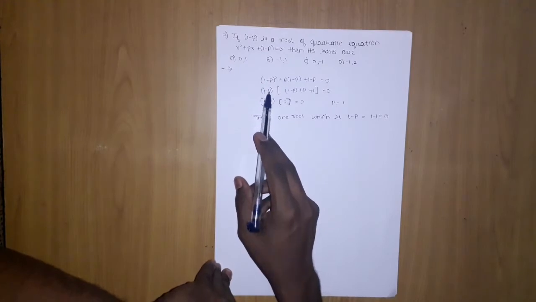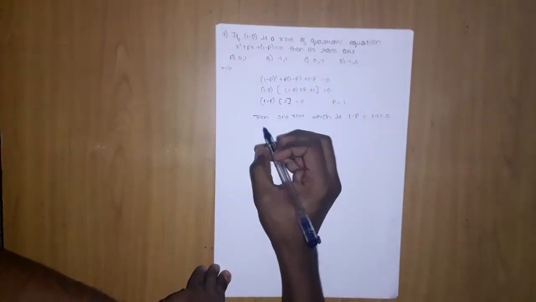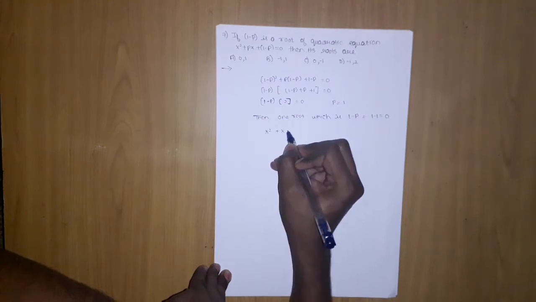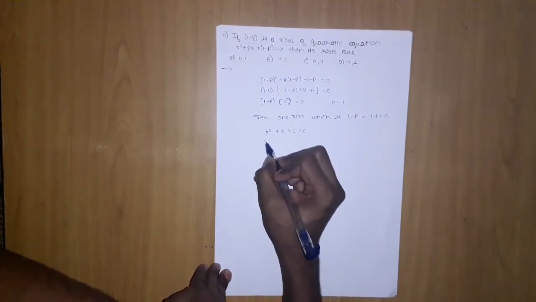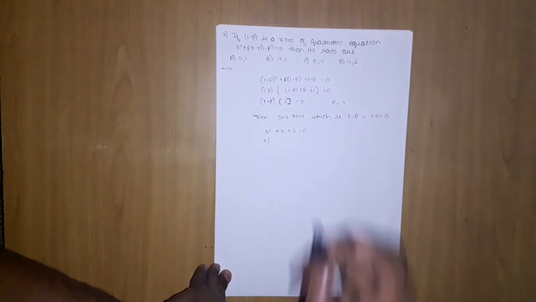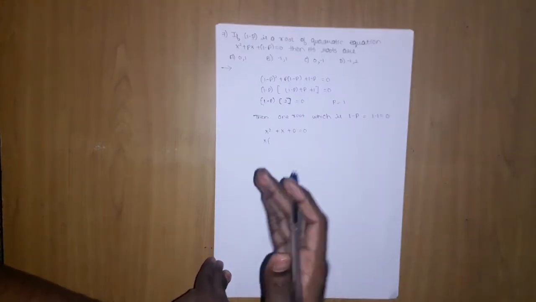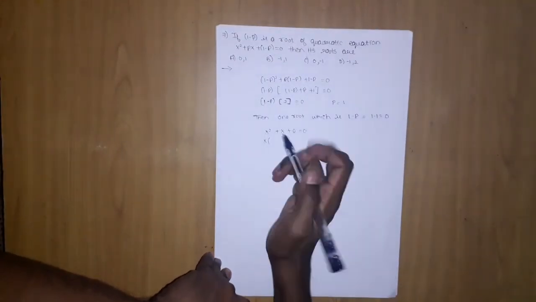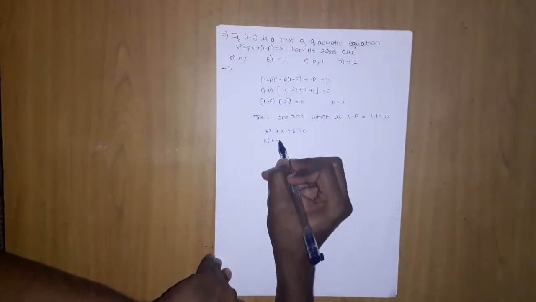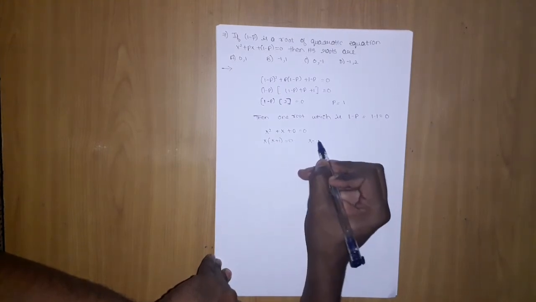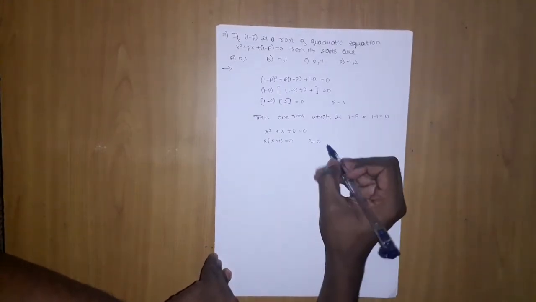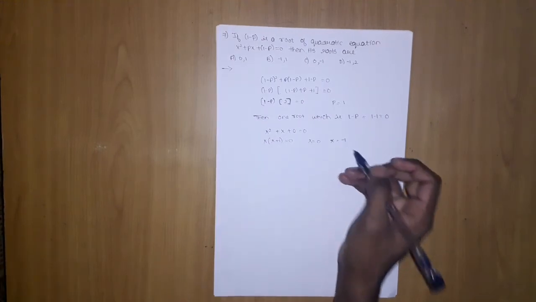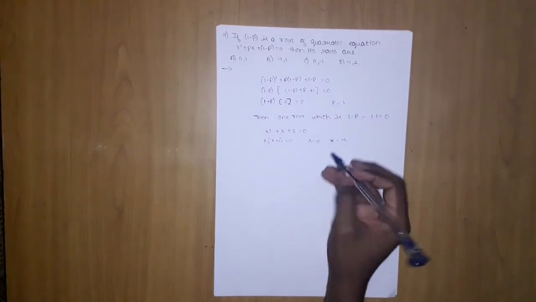If I put p value here, what will I get? x square plus x plus 0 equal to 0. Here I can directly get the roots, instead of taking sum of the roots and product of the roots. So here I am easily getting the roots, which will be x is equal to 0, which is one root we see, so our process is right, and x is equal to minus 1. So this was the answer 0 comma minus 1, which is C.